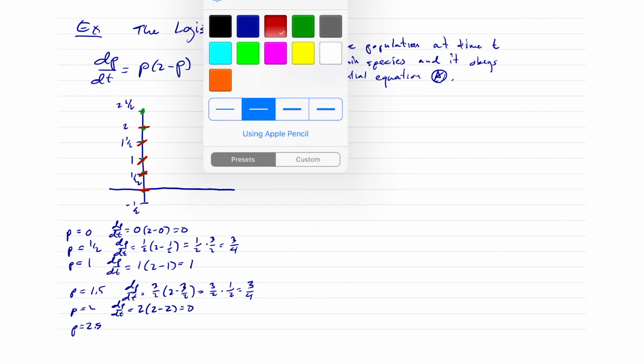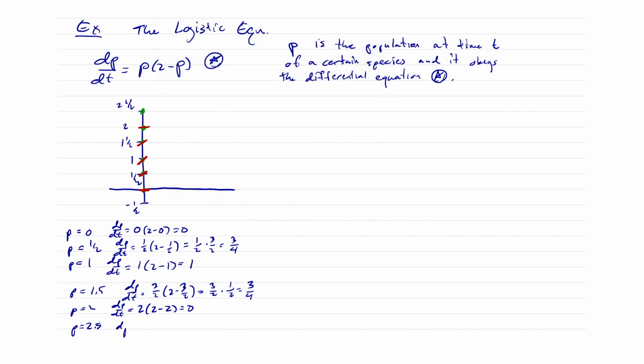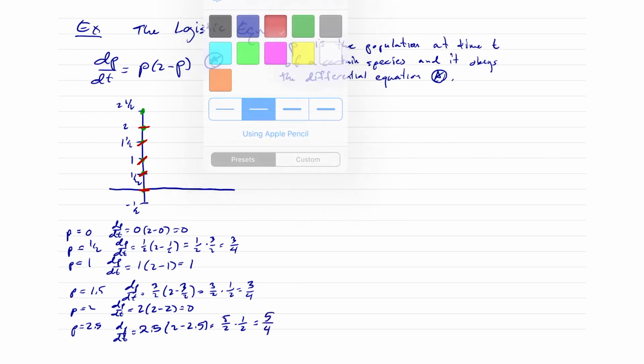And finally, at 2.5, dp dt is equal to 2.5 times (2 minus 2.5), so that's equal to 5 halves times 1/2.